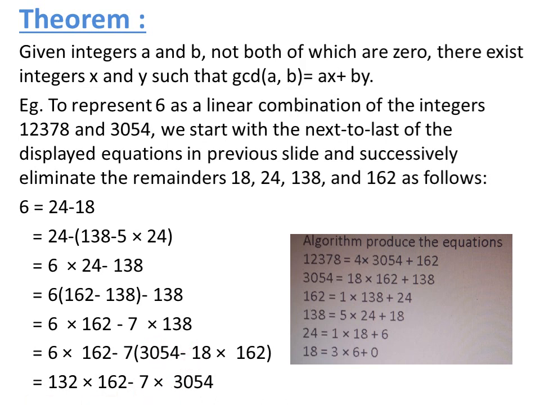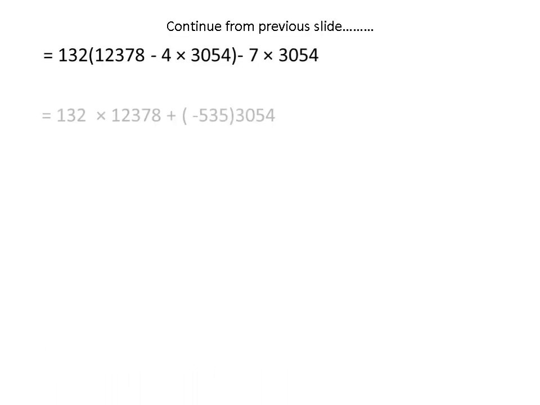Now in the next step we will eliminate this 162 by using this equation, which is the last, right? So 162 can be written as 12,378 minus 4 into 3054. So in this way.